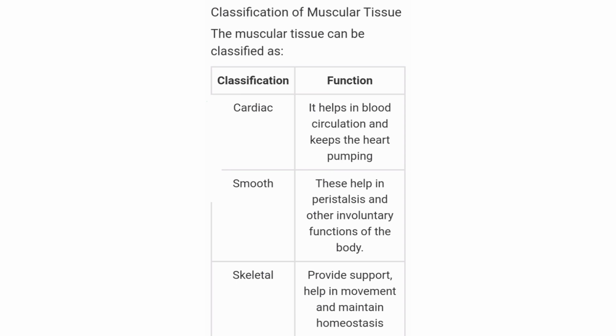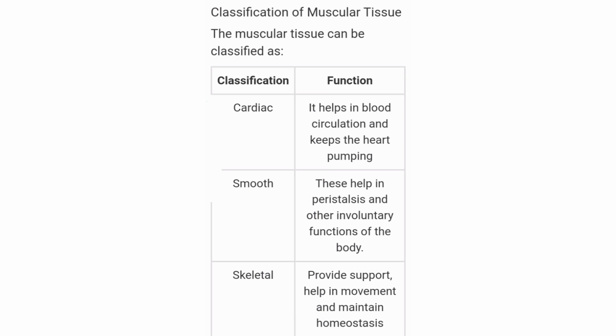Third one, skeletal muscle. We can move some muscles by our conscious effort. For example, the muscles present in the limbs move when we want them to and stop when we so decide. Such muscles are called voluntary muscles. These muscles are also called skeletal muscles as they are mostly attached to bones and help body movement.